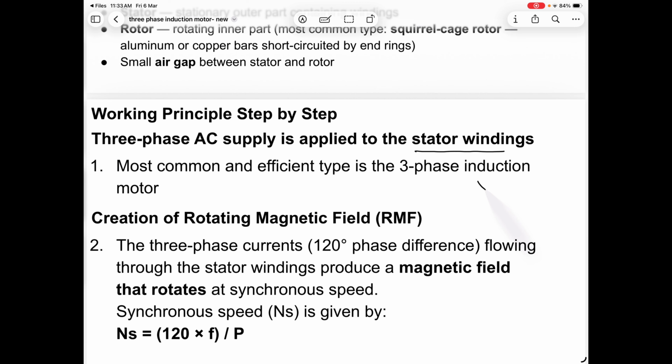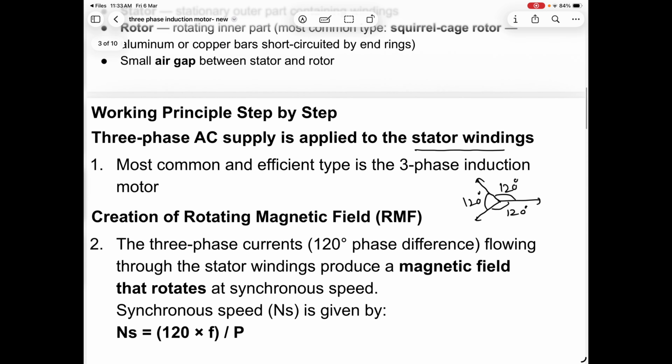These are the phase differences between the R, Y, B phases. This is 120 degrees, 120 degrees, 120 degrees balanced. Three-phase supply is given to the stator winding.